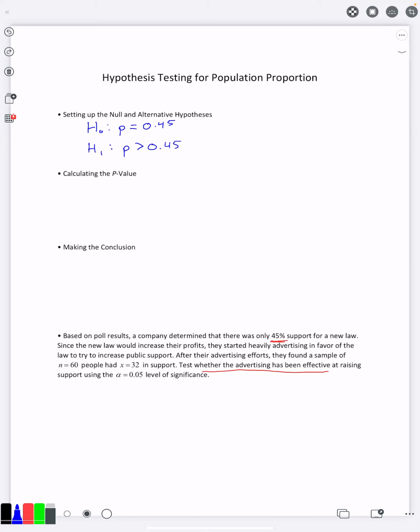Now for the second question, it says we're going to have to calculate the p-value. And this is a huge deal. Let's talk about what the p-value is.